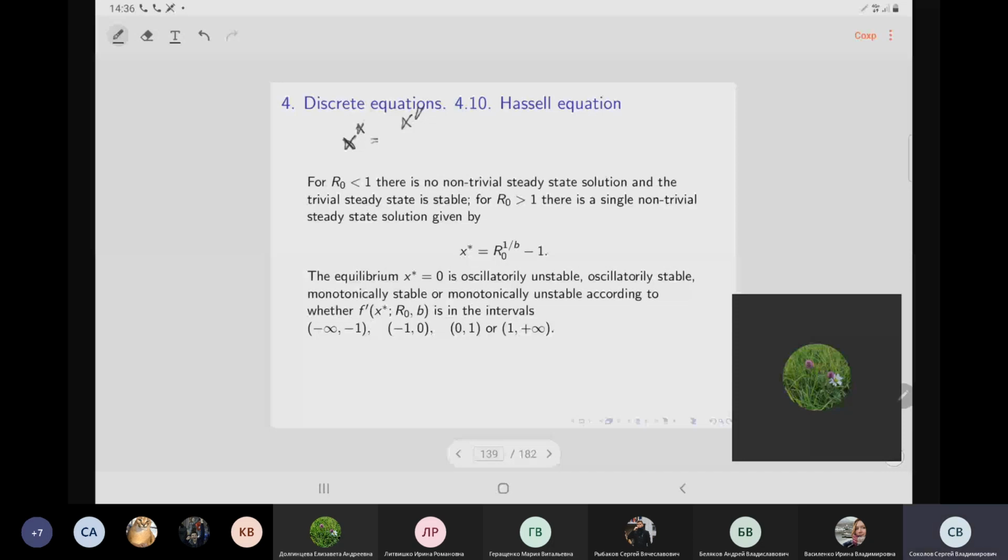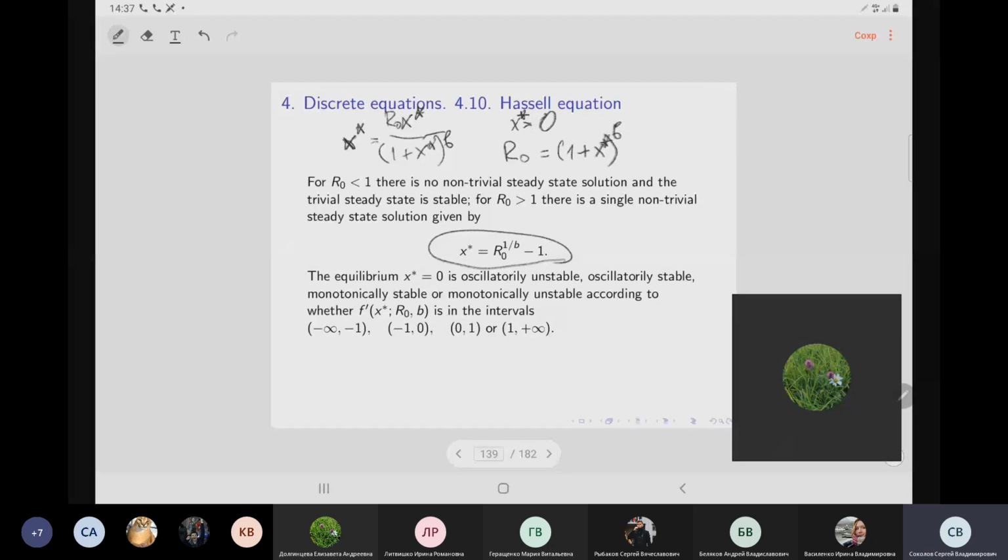So the first equilibrium is a trivial one, and the second comes from the equation R0 equals 1 plus x to the bth power. From the last equation, we get the coordinates of our non-trivial equilibrium.